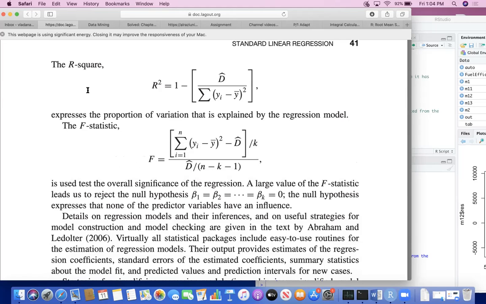The term D hat, which is D of alpha hat, beta 1 hat through beta k hat, is the summation from i equals 1 to n of the residual squared, which determines the estimation of the variance of error i, which is sigma squared, the R squared, and the F statistic.